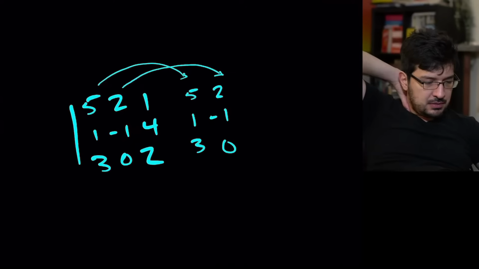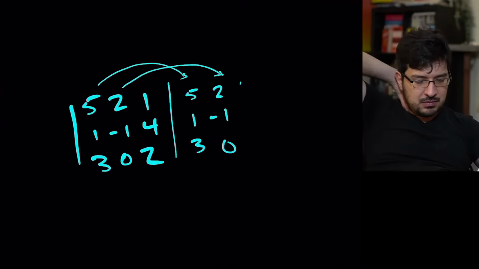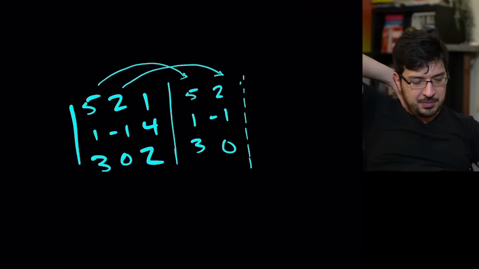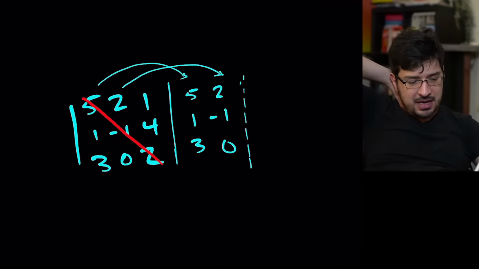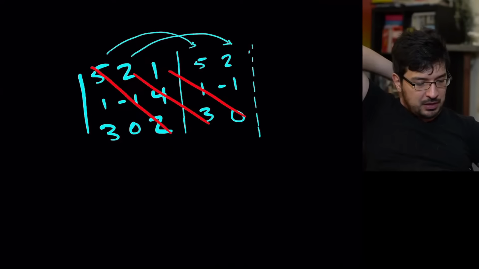I would do something like this. I don't know the best way to present this. But now this only works for 3x3s, but it's a super cool trick that works.